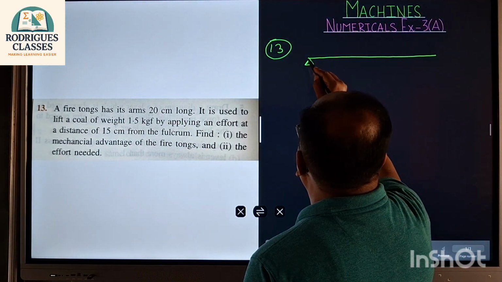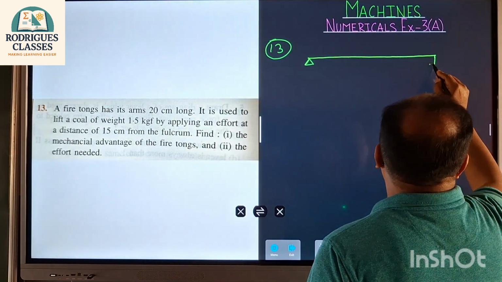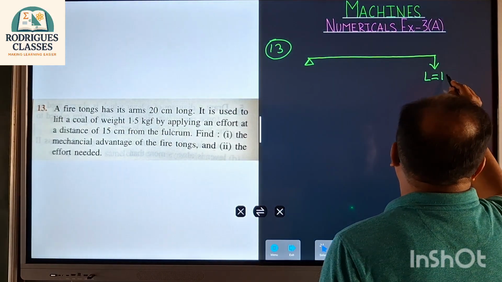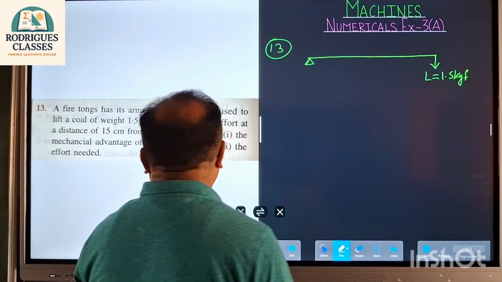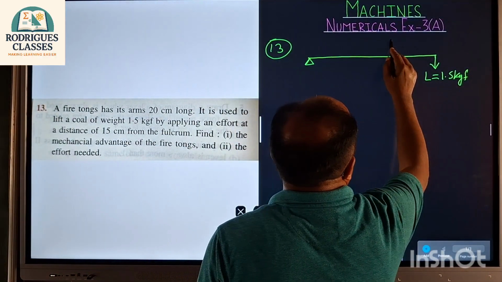So fulcrum at one end, effort will be there in the middle somewhere, but let me show the load first, and the load given is 1.5 kgf, and then it is told the entire length is 20 centimeter.